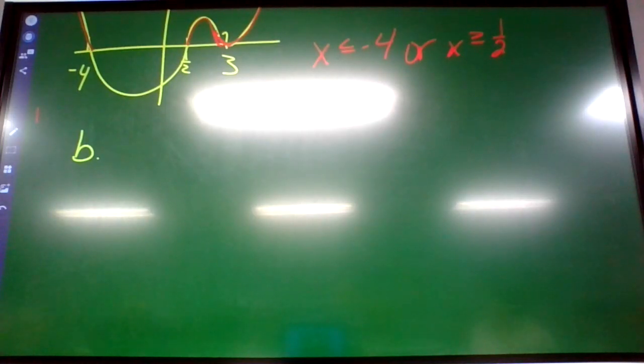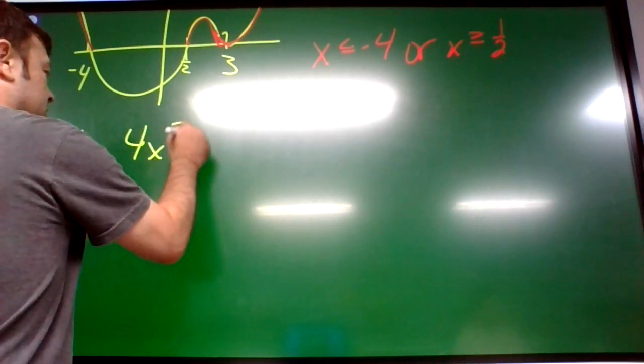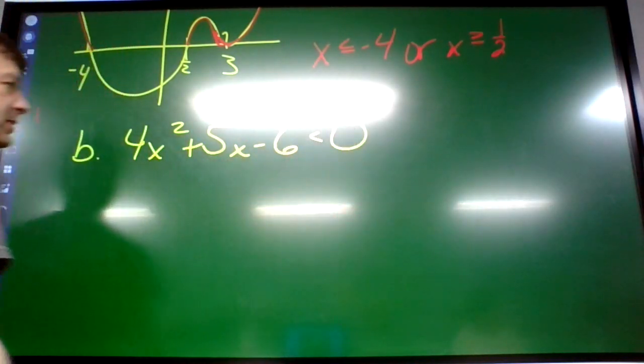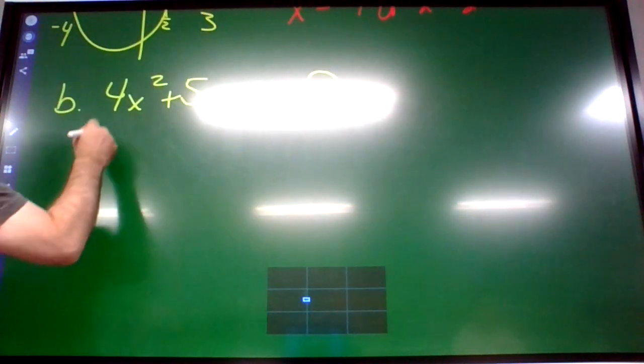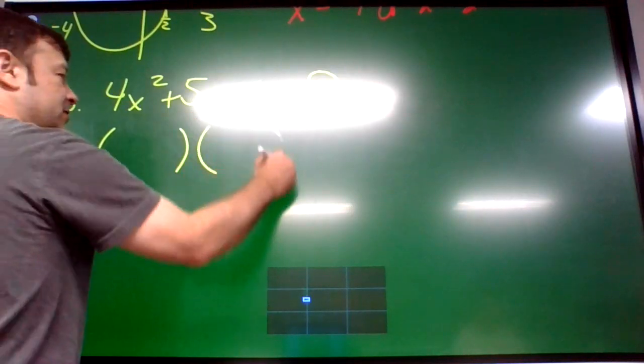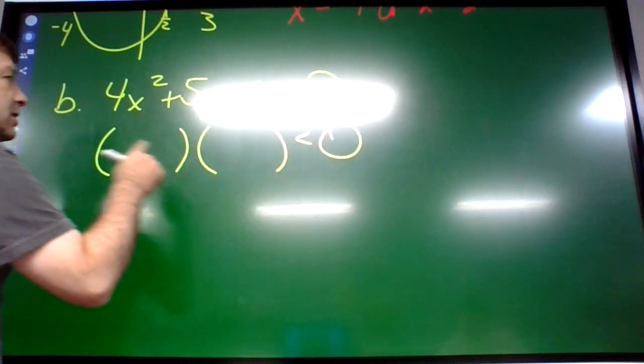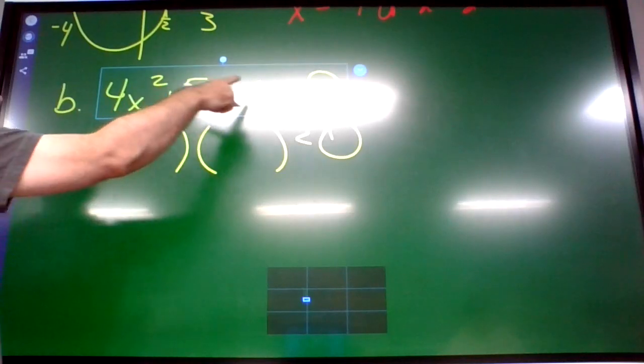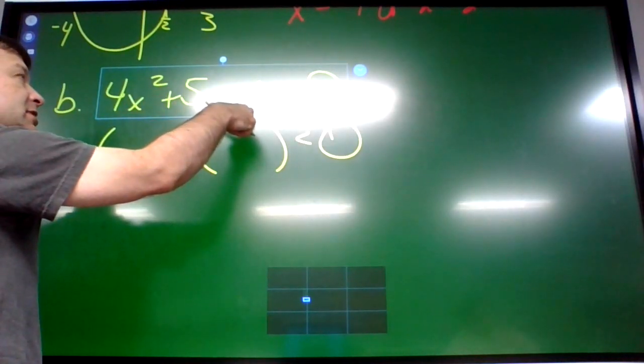Alright, b. 4x squared plus 5x minus 6. Alright, so what are we going to have to do on this one? Factor it ourselves, of course. Alright, what will this be?